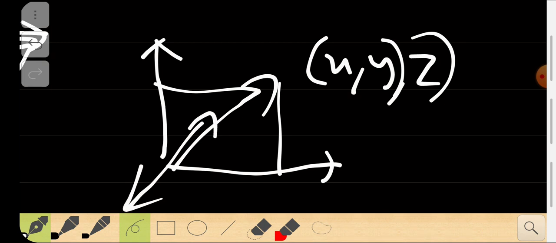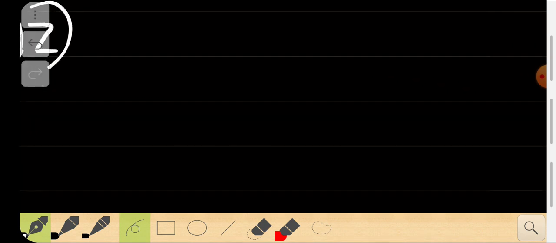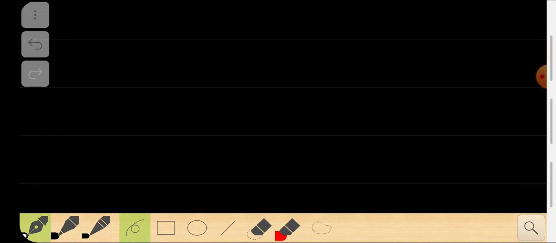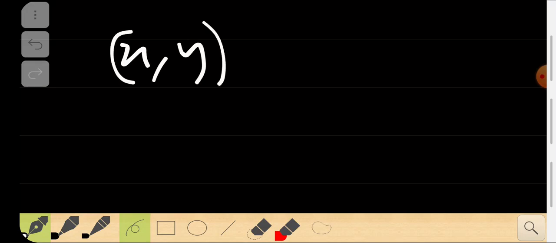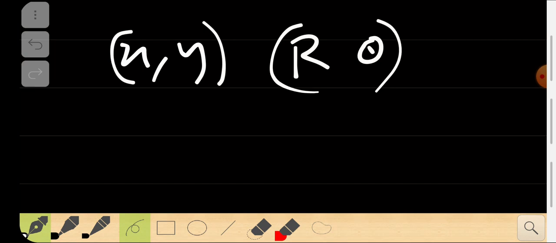Now another thing is called the polar coordinate system. In the polar coordinate system, instead of x and y, you use r and theta. So you can use the radius and an angle to represent this same stuff, right?